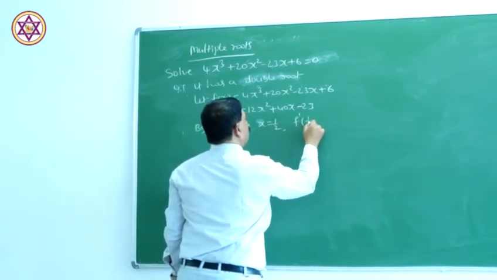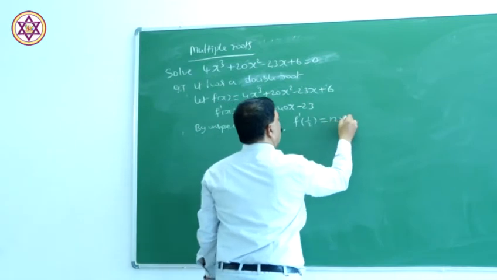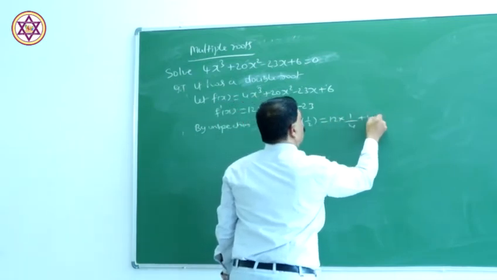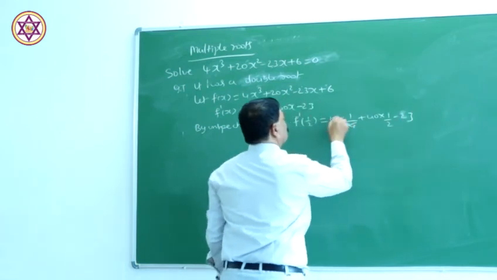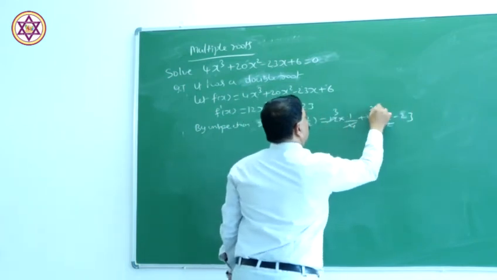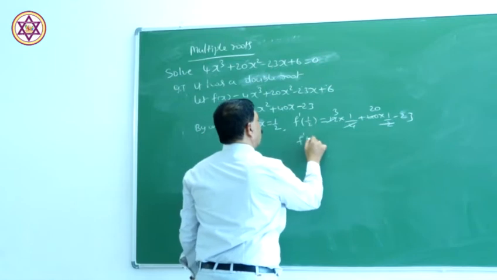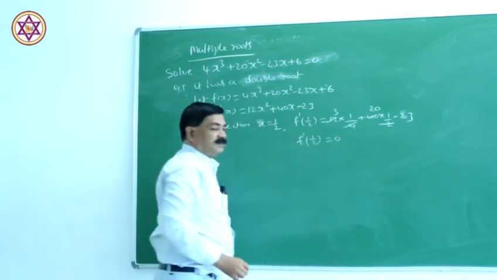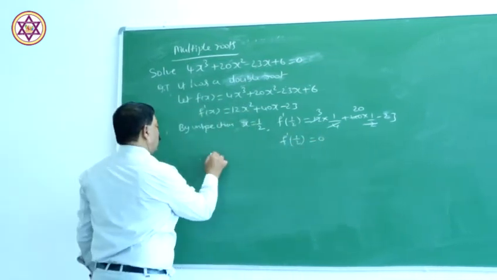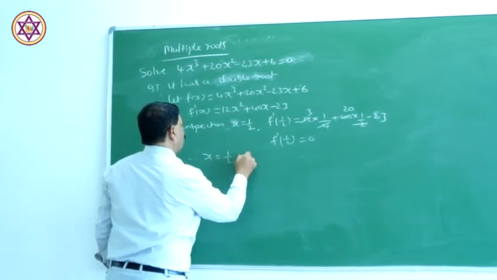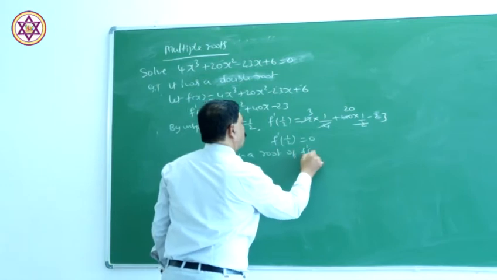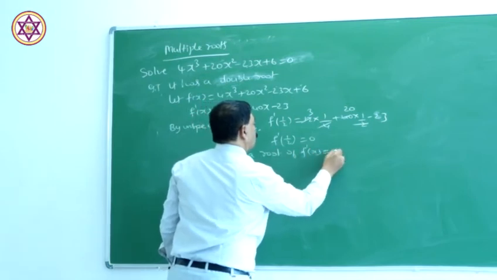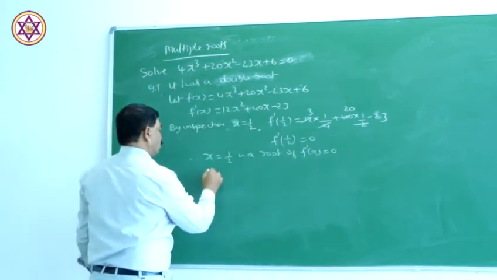So f dash of half is equal to 12 into 1 by 4, 40 into 1 by 2, minus 23. 3 plus 20 is 23, minus 23. So f dash of half is equal to 0. Therefore, x is equal to half is a root of f dash of x is equal to 0.